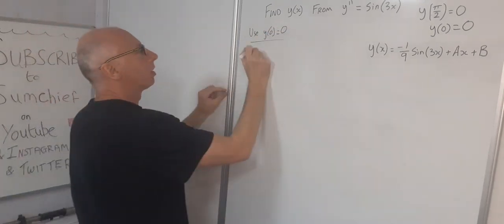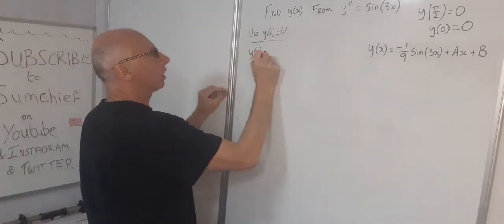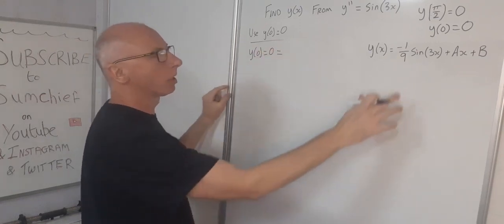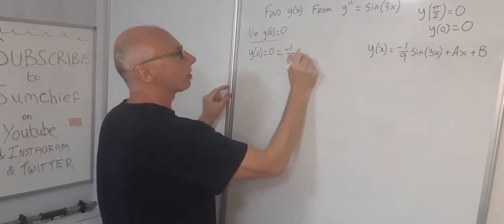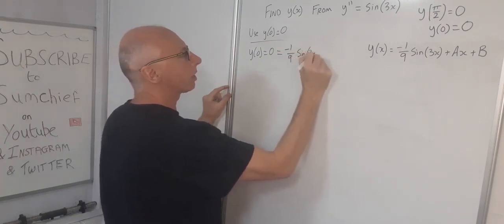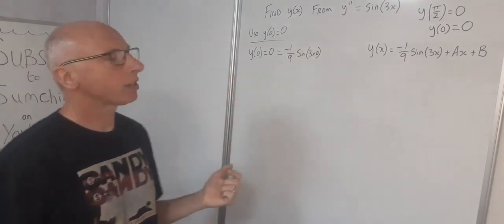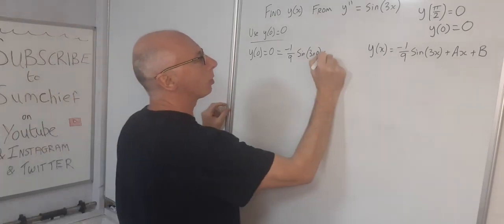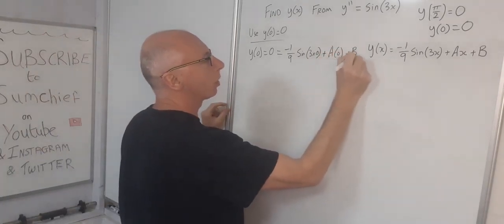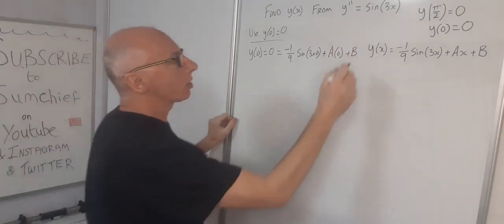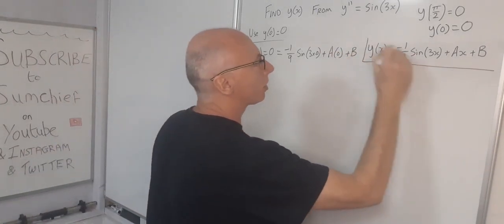So y of 0 equals 0 equals minus 1/9 sine 3 times 0. I'm just going to plug that in so you can see what's happening, plus a times 0 plus b.